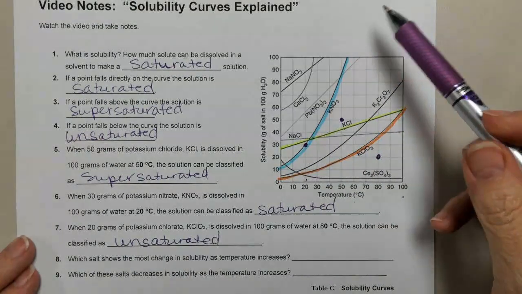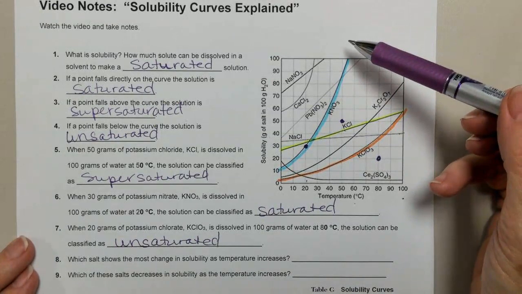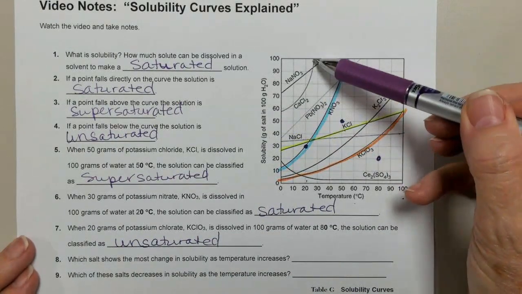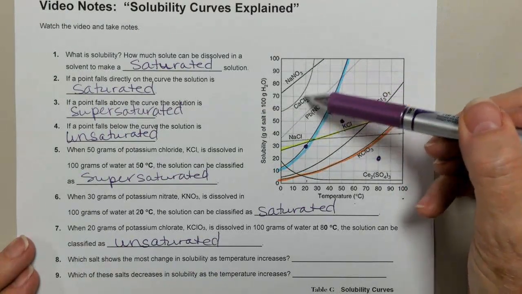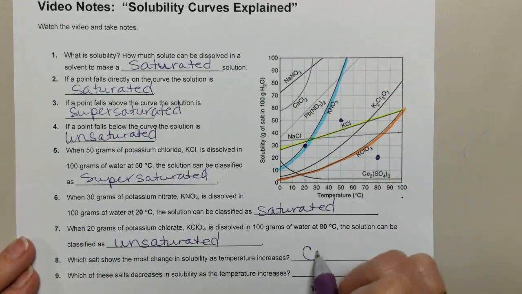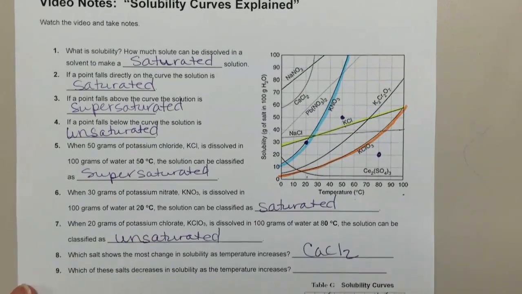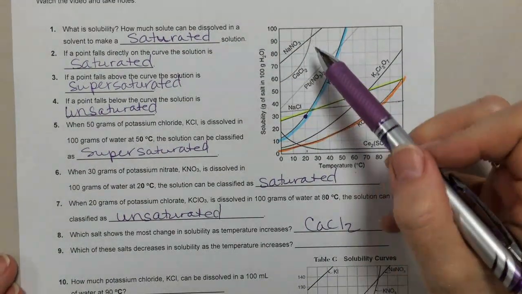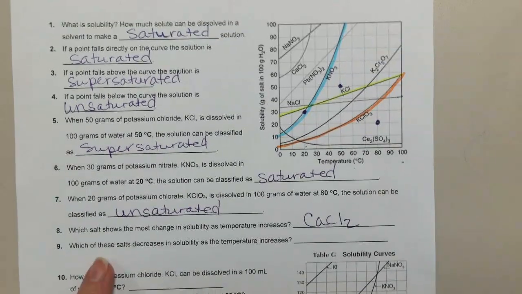And of all these, which one probably has the greatest slope? I don't even need to calculate slope to see this, but if I'm looking at this one right here, notice that slope, remember that's rise over run, is probably higher than most of these other ones. So we're going to say calcium chloride has the most slope. So this salt was most affected by change as compared to these other ones.